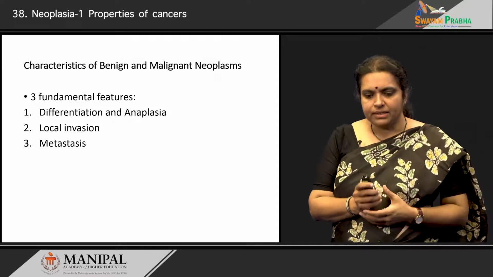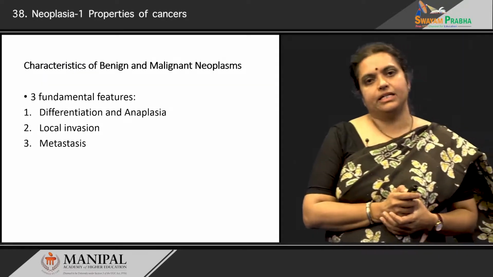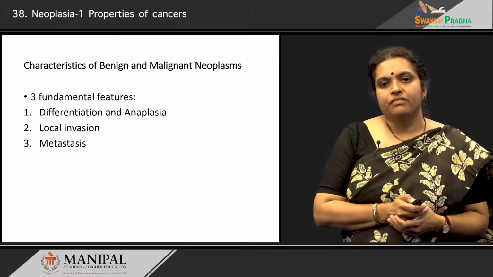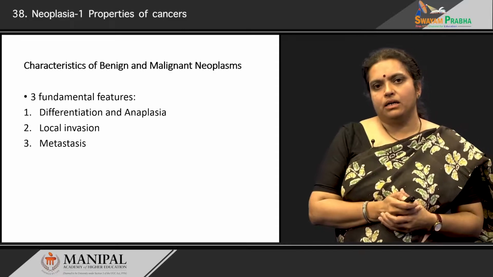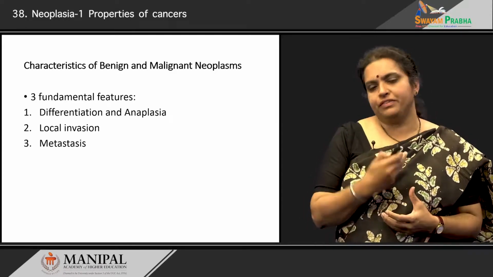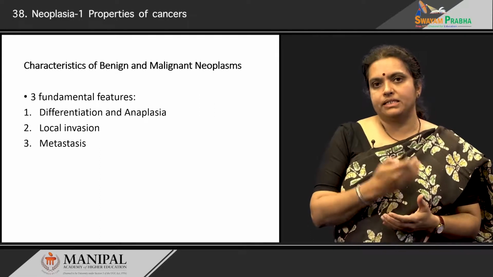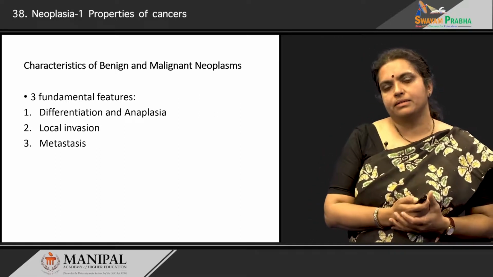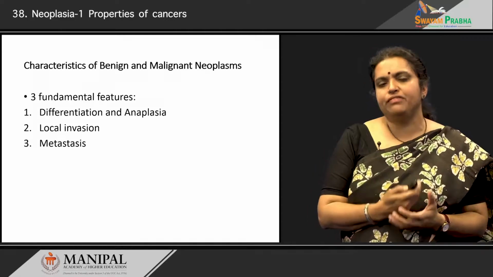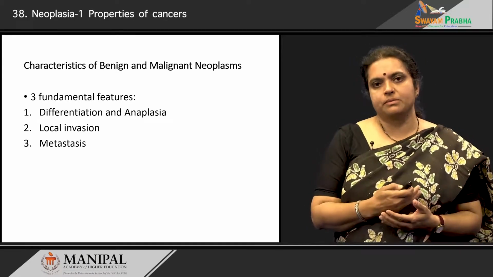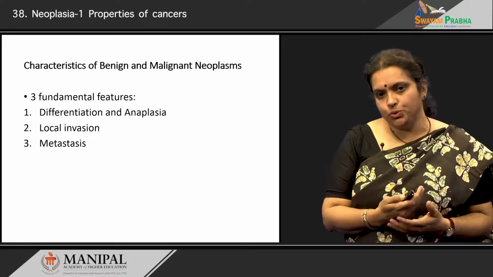Right. So, having discussed the nomenclature of benign and malignant neoplasms, we will now briefly go into the fundamental features that distinguish benign and malignant neoplasms. What are the key features that make benign and malignant neoplasms behave the way they do?